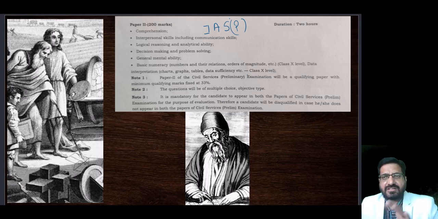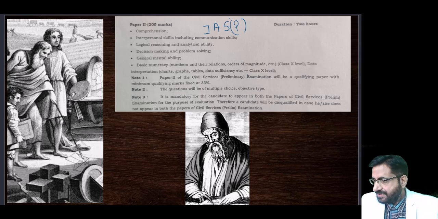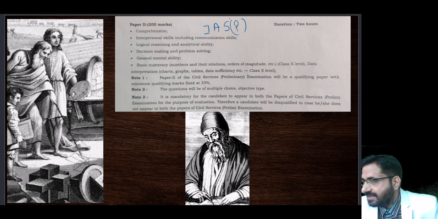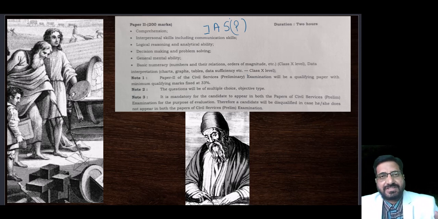It's a combined exam, there are more than 20 services altogether. CSC, that is the Combined Civil Services exam. We say IAS because everyone wants to become an IAS officer. So that exam is the IAS exam. I will not repeat this each time, it is understood.